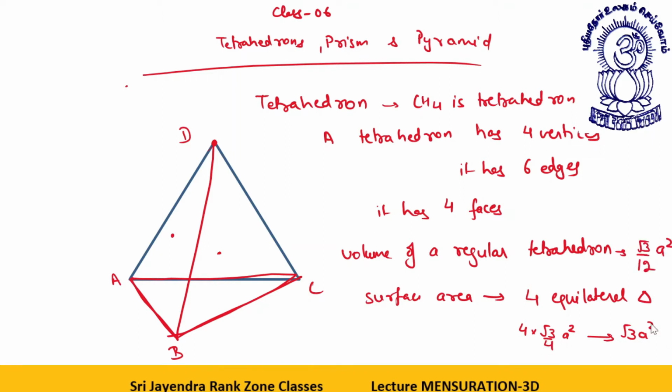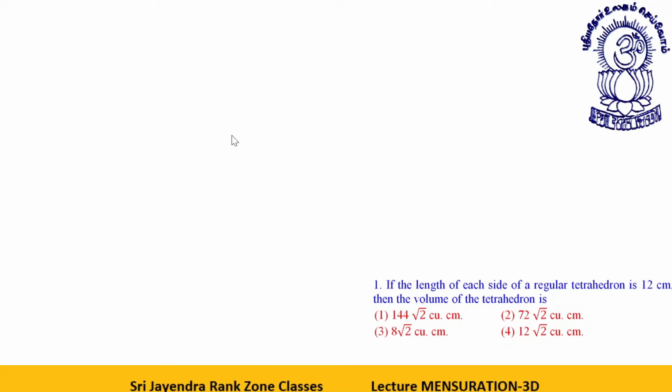So let's start with the questions. The next question is: if the length of each side of a regular tetrahedron is 12 centimeter, then the volume of the tetrahedron is? You are given a, length of side, equal to 12 centimeter.